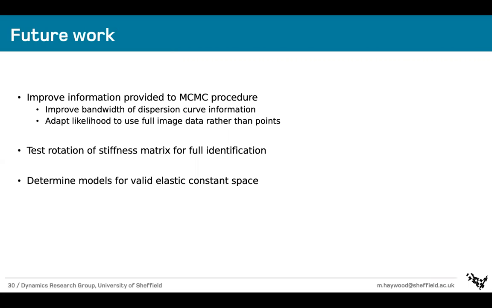Whereas I'd quite like to include rotation of the stiffness matrix, and then that would be a full identification over all the parameters. But obviously this is going to take some tinkering to really optimize the code, because there'll be a lot more parameters as well as a lot more data points. And one of the things I'm working on right now is determining a model for the valid elastic constant space.